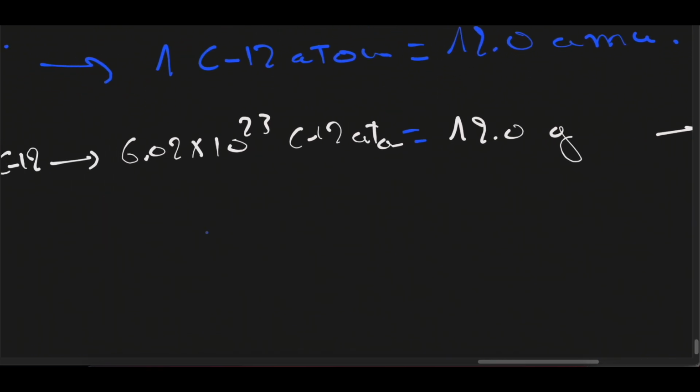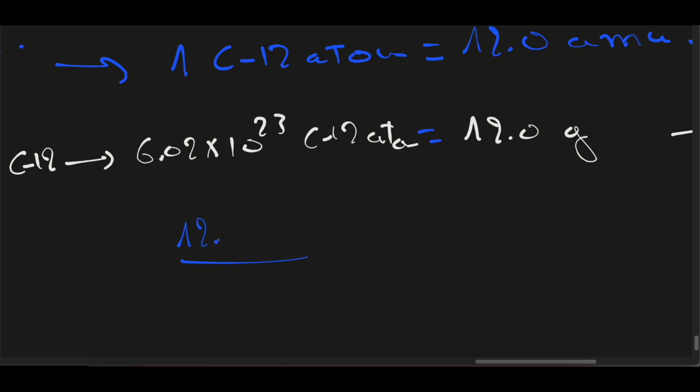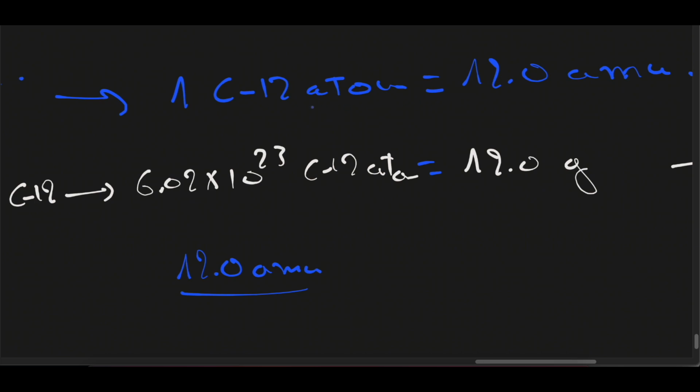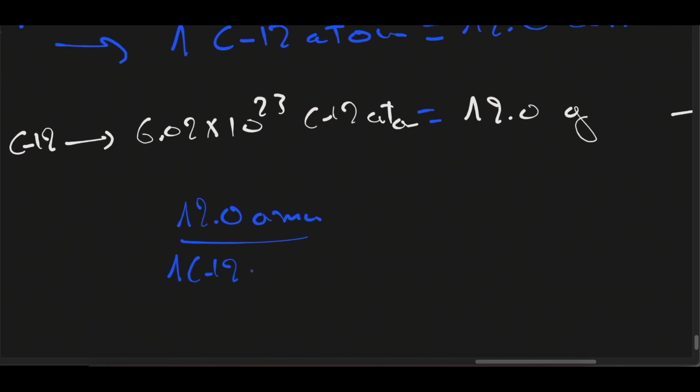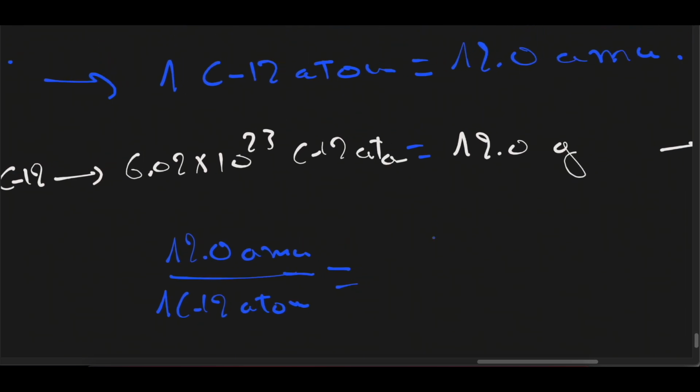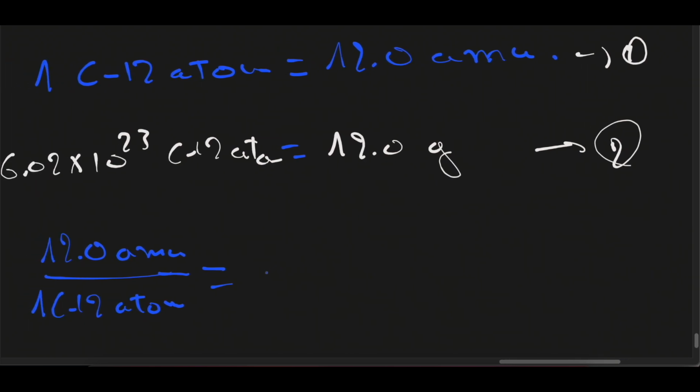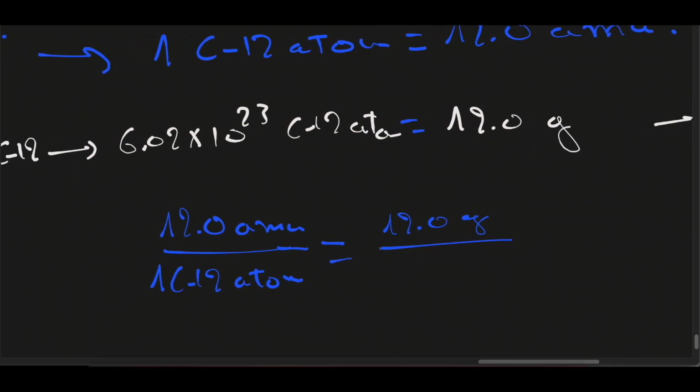We can first write that 12.0 atomic mass units is equivalent to 1 carbon-12 atom, by making an equality between them. And for the second equation, we have 12.0 grams of carbon-12, which corresponds to 6.02 times 10 to the 23rd power of carbon-12 atoms.